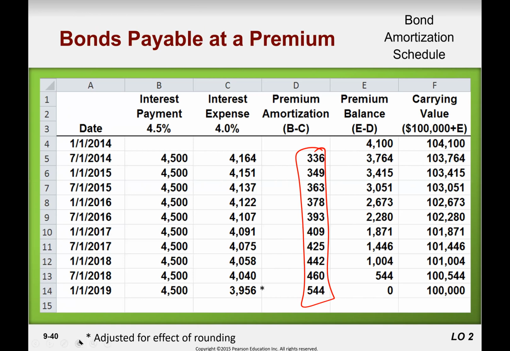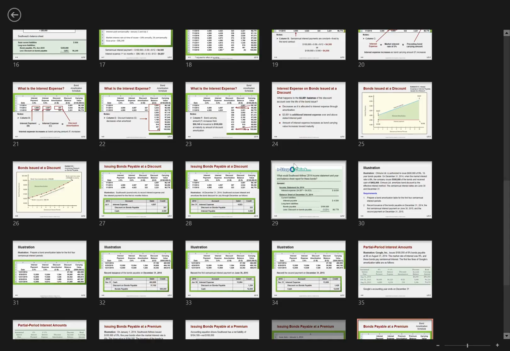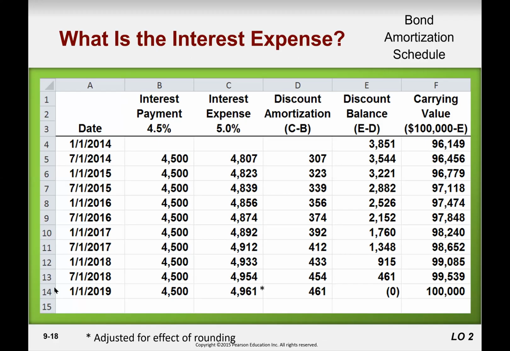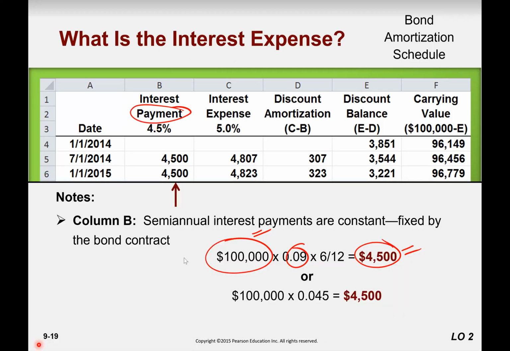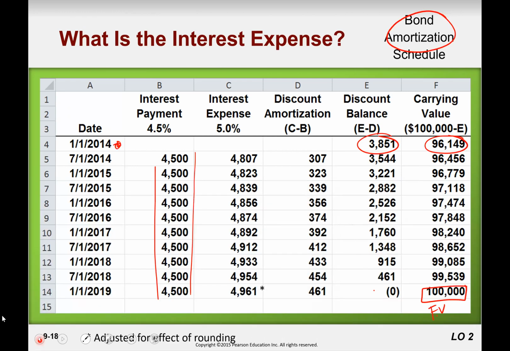In case of discount, it is like this. So in case of discount, it's also uneven numbers. So every time we have to make a different entry with different amount, right?